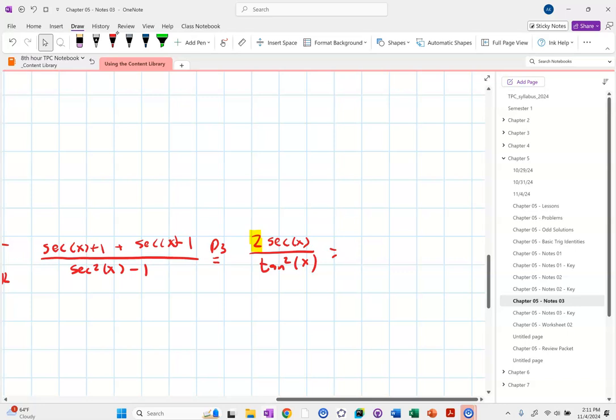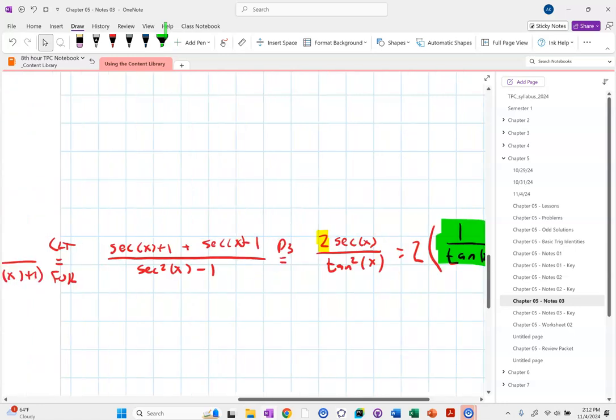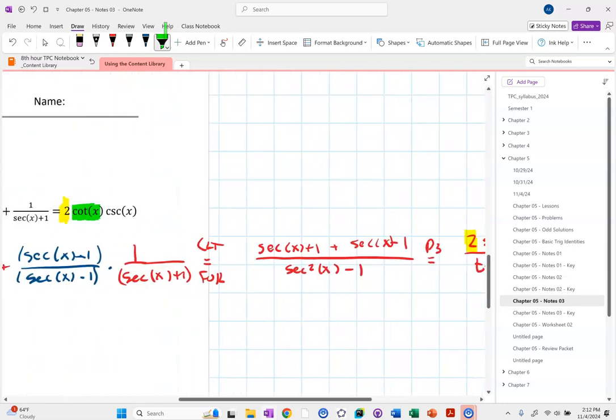Now, the only one that I have in the right place is the tangent in the denominator, right? So I would probably do a little rewriting now, and I would write 2, and I'll take one of those tangents from the denominator and put it over 1. And then I'll leave the other one there, because I recognize this is the same thing as cotangent.